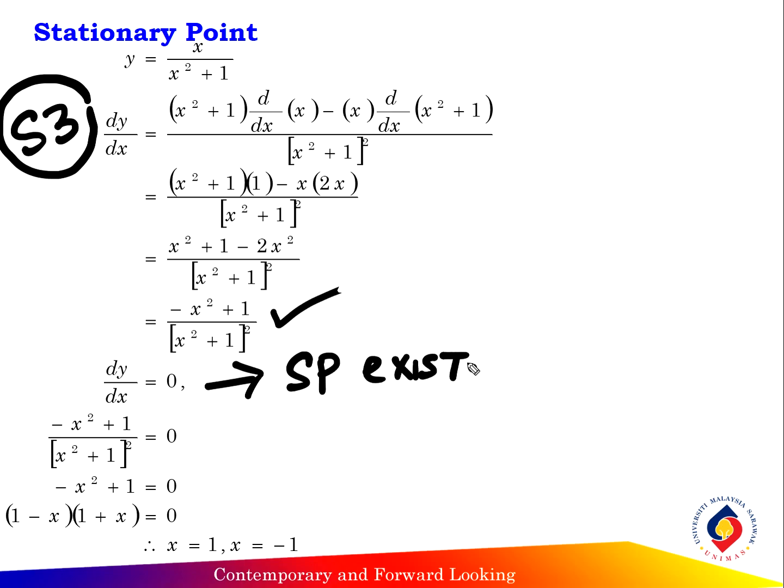Okay, so the stationary point of the rational function exists when the first derivative equals 0. Yeah, so you let the first derivative here equal 0. Negative x squared plus 1 over x squared plus 1 to the power of 2 equals 0.